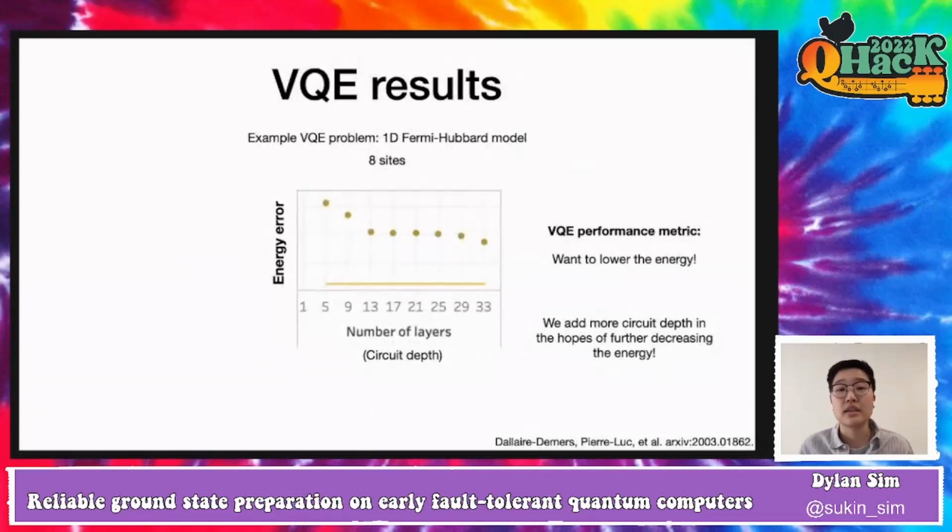And so this is an example of a VQE calculation that was run by Zapata about 2 years ago, where the problem at hand is to estimate the ground state energy of the 1D Fermi-Hubbard model. And this plot shows the energy error on the y-axis as a function of the number of circuit layers. So they propose a particular type of parameterized quantum circuit, and they use the number of layers and plot the corresponding energy error.